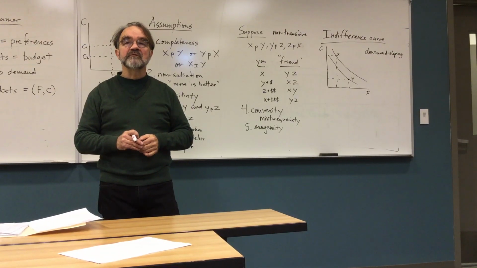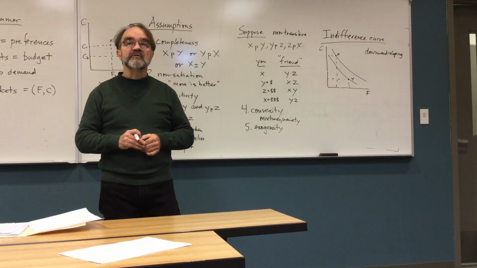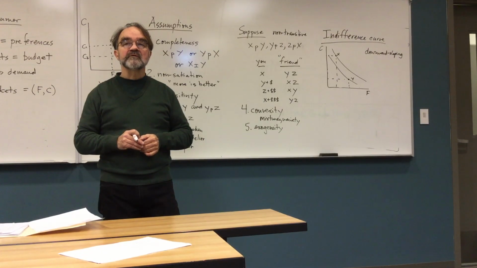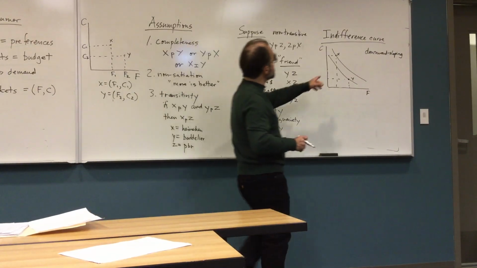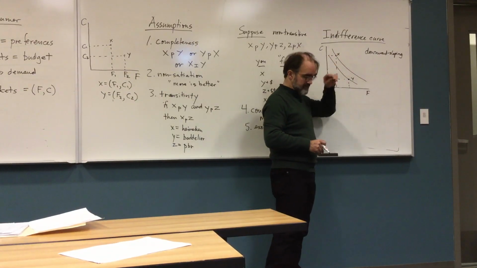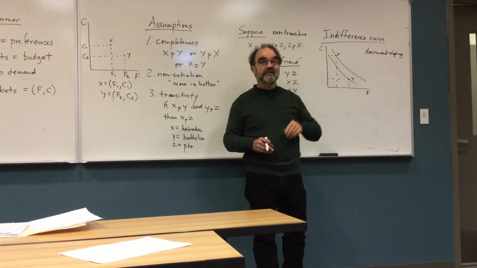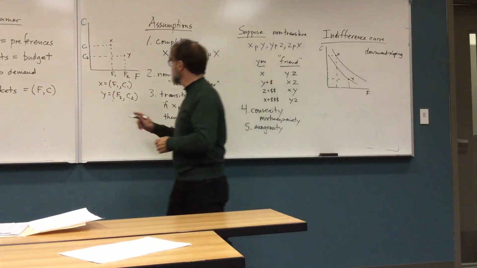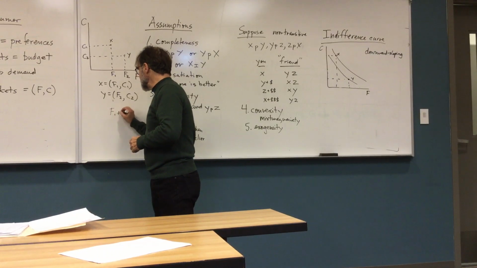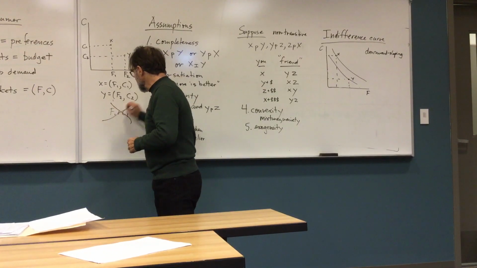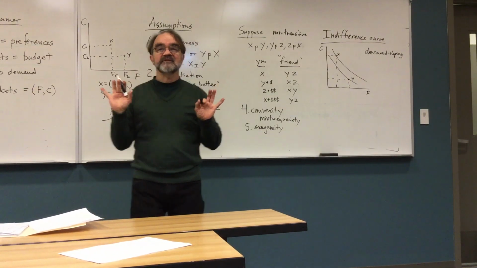Or both goods. Any point on the rightmost indifference curve is going to satisfy non-satiation. Well, any point on this indifference curve, because the total is going to be more than... What do you mean, total? So that's why average, we don't want quantity. We don't want to add F1 plus C1, right? That doesn't make any sense.